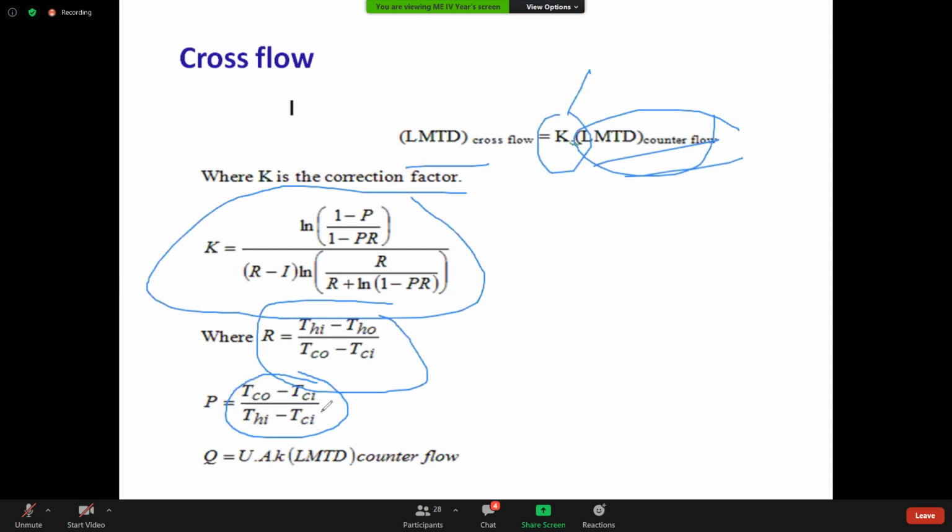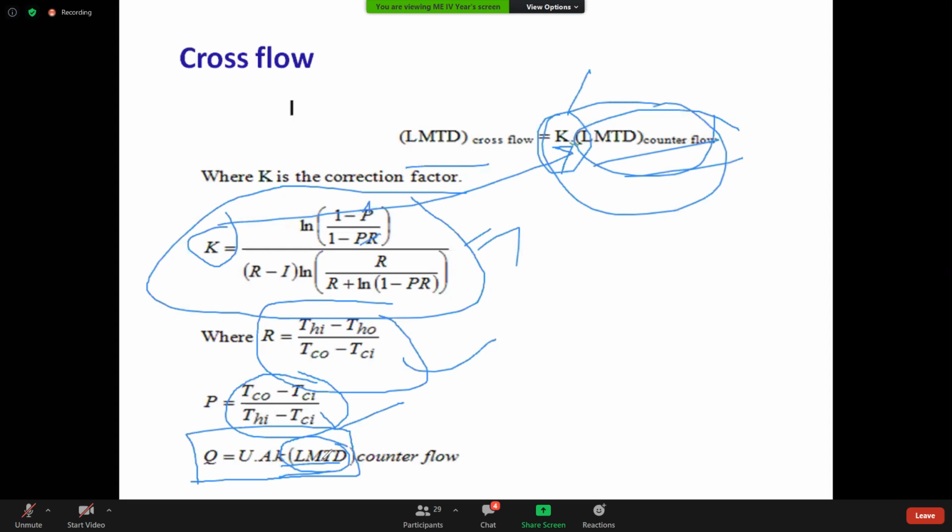If you know the temperatures, you can calculate P like this. Knowing the inlet and outlet temperatures, you can find R as well. Once you substitute P and R, you will get K. Substitute that K and solve. This will be given within the book. So for cross flow the equation can be like this: Q is equal to U into area and K into LMTD. If you calculate this for cross flow, you can directly substitute LMTD of cross flow. If you do not calculate K, then you have to substitute K here. Using this you can calculate K. That is the difference. Nothing more than this.